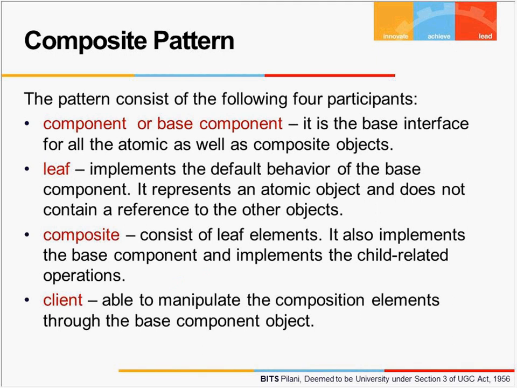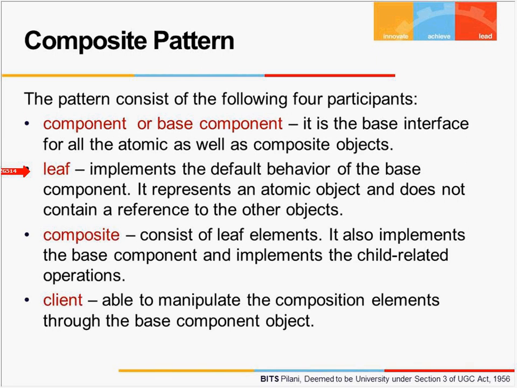The pattern has 4 participants, right? The first participant is the component, or the base component. It is the base interface for all the atomic as well as the composite objects. So my base interface is implemented by the atomic as well as composite objects.